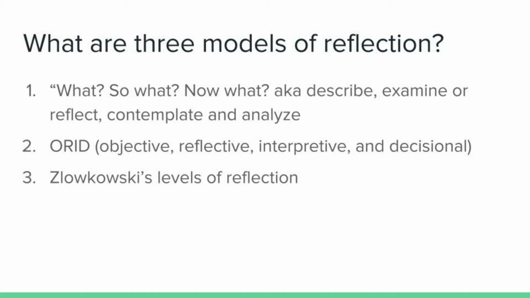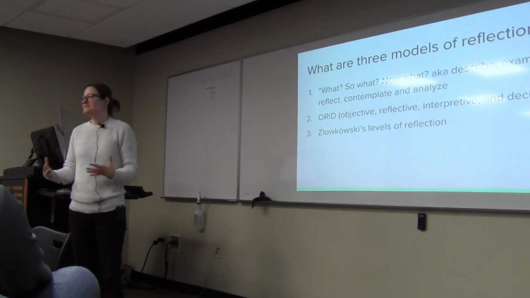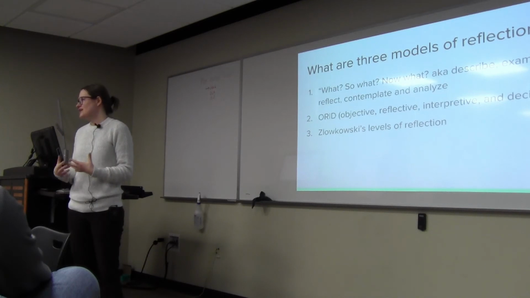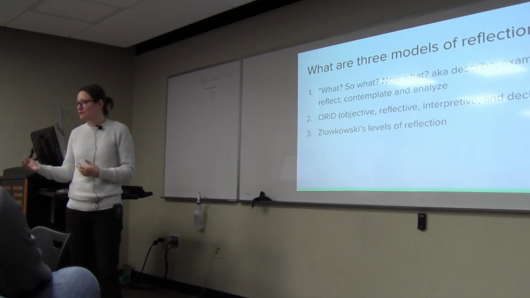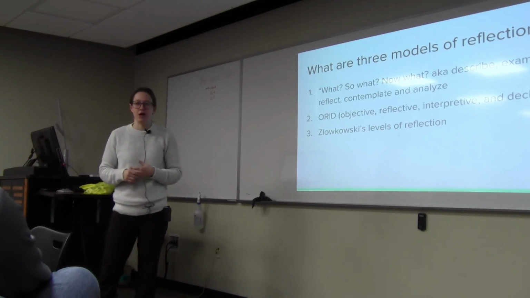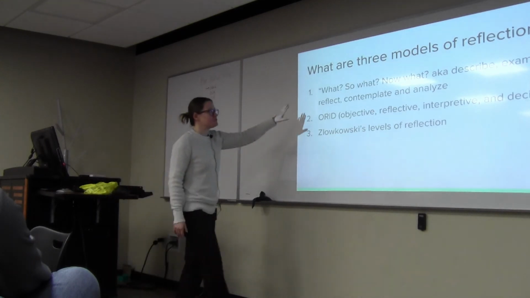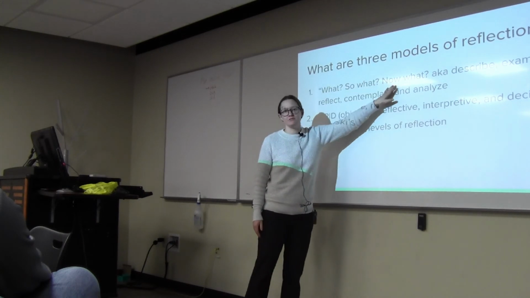So whichever one of these, and the last one is Slukowski's levels of reflection. Whichever one resonates with you, whichever one makes the most sense for you, go ahead and use that one to help you do reflections, okay? But you really want to get at the 3 different levels.